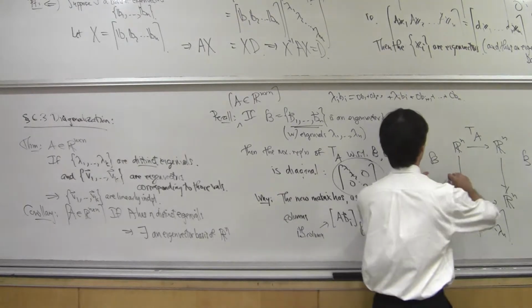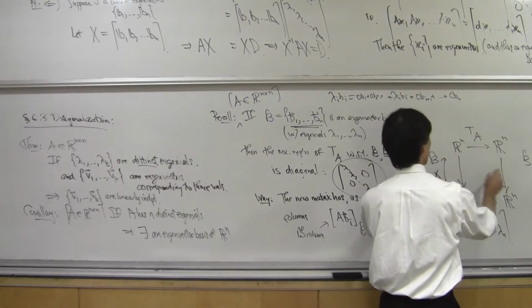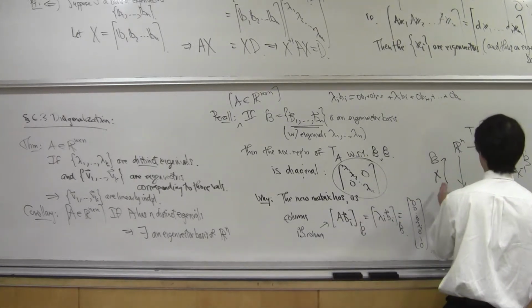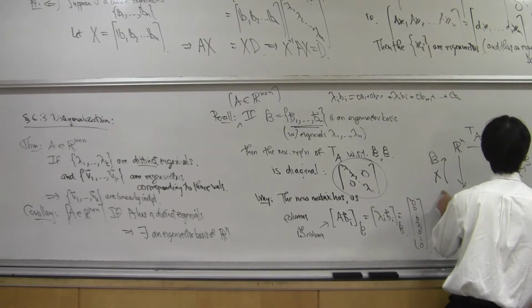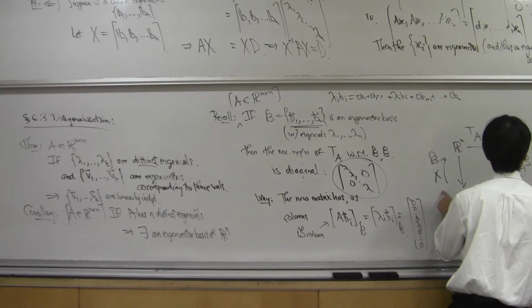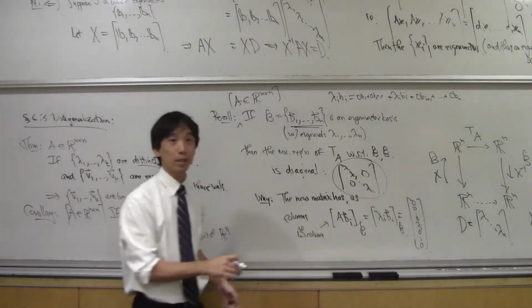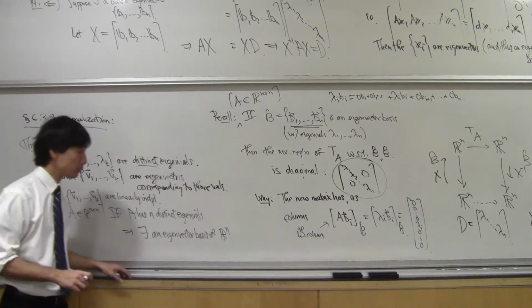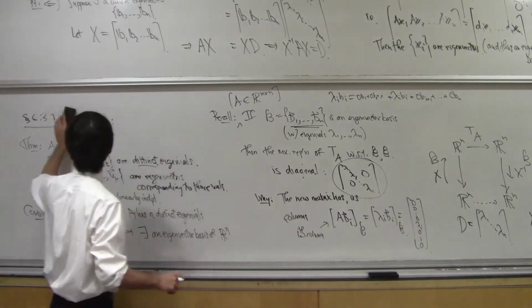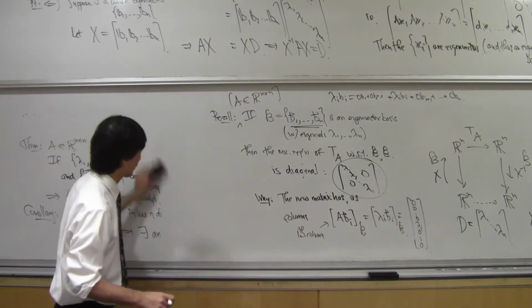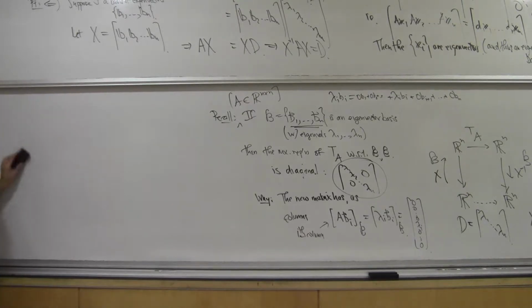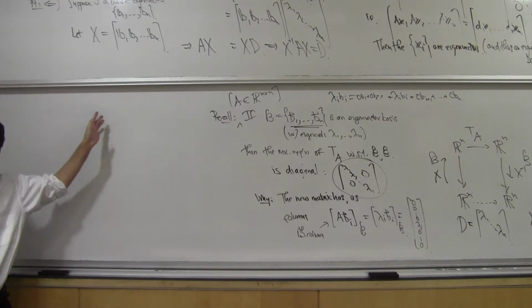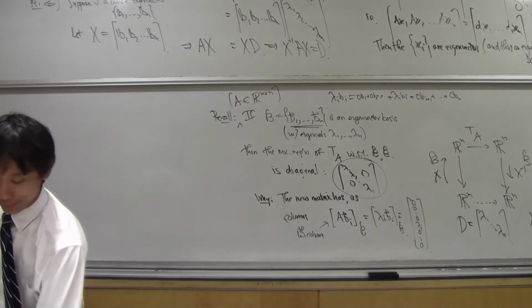Going backwards is X, going forwards is X inverse, so X followed by A followed by X inverse equals D. It's exactly the same thing, just a different point of view. The moral is pretty simple: having a basis of eigenvectors allows you to diagonalize.